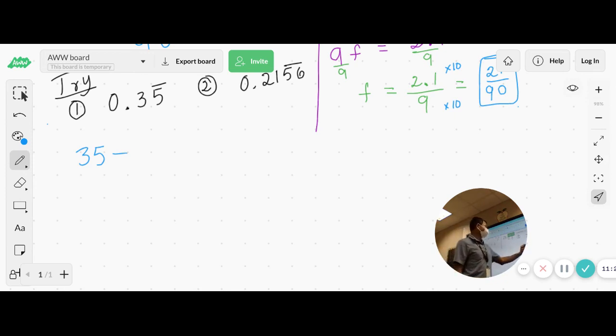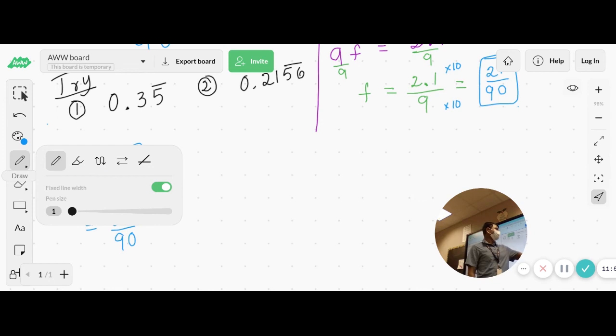Good job, thank you. Over 90, because under the repeating I have one number that gets 9, and the one number without repeating, so I put 0. And 35 minus 3 is 32. That's going to be 32 over 90. That's it. If you have the answer, good to go.